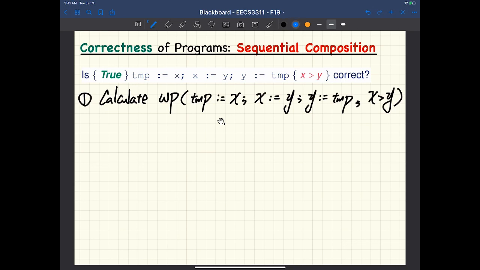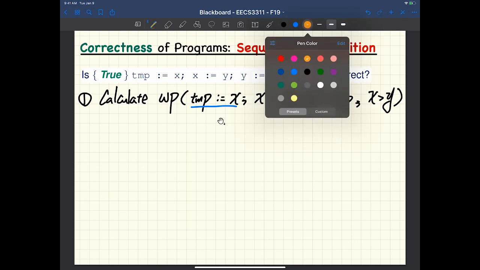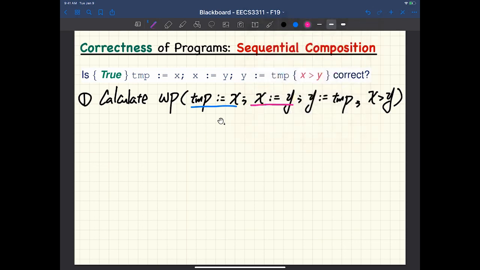What I can do is think about this guy here, blue, and this guy here, pink, and third one, orange. Let me just do the first one. Equals, you're going to see the WP rule of sequential composition. That's fine.